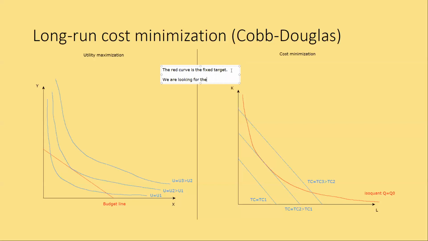So we are looking for a blue line that is highest in consumer theory, and in the producer theory or the cost minimization problem, it is lowest.